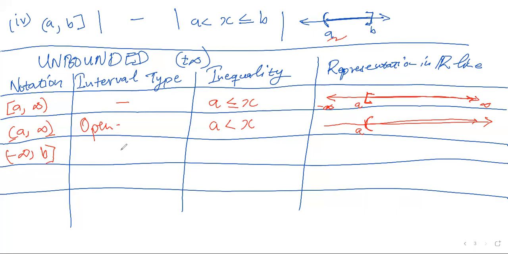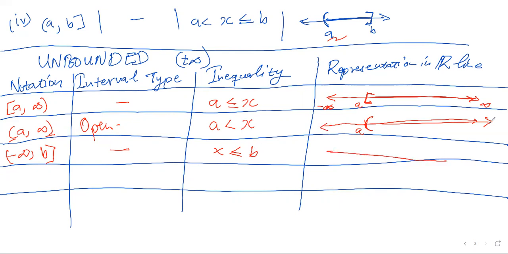So the interval type is inconclusive. Then for the inequality, X is smaller than or equal to B, because it's a square bracket there, so therefore we should put an equal sign. Representing it on the real number line, this one has an arrow.